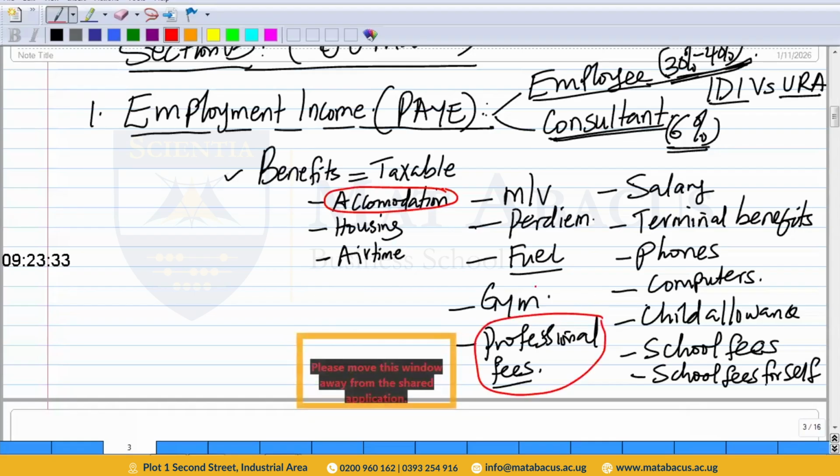Depending on how the transaction is structured, they may be taxable or not taxable. So what you need to pick from here is, how do I know it is taxable and how do I know it is not taxable? That's where the focus will be, because at the end of the course, at the end of the sessions, you will be able to distinguish this.